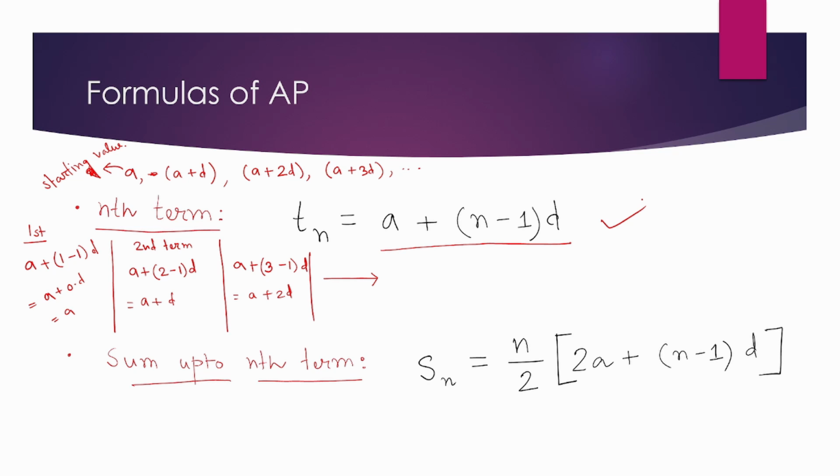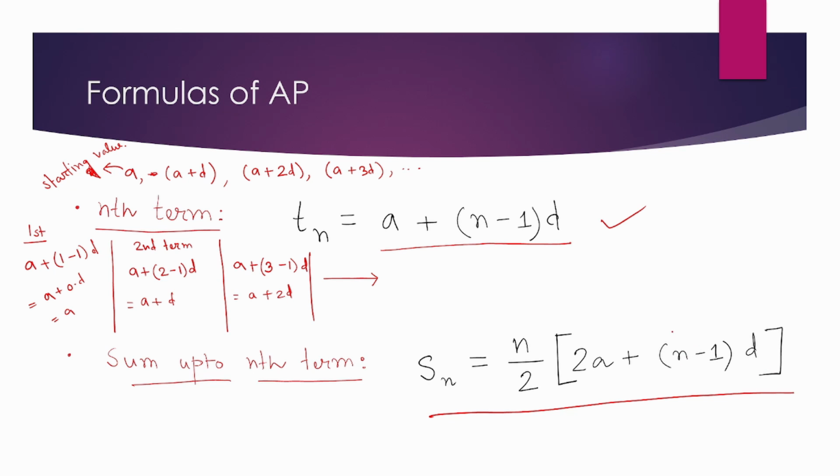Okay. Now if we want to calculate the sum up to the nth term, then what would be the formula? We can easily check that the formula is n by 2 times 2a plus n minus 1 times d. What is n?